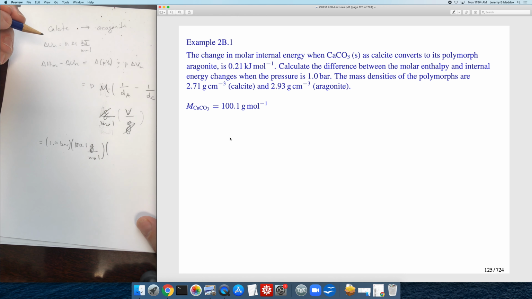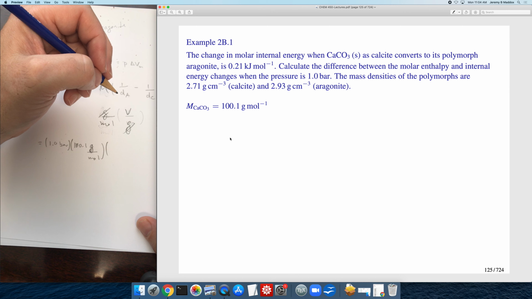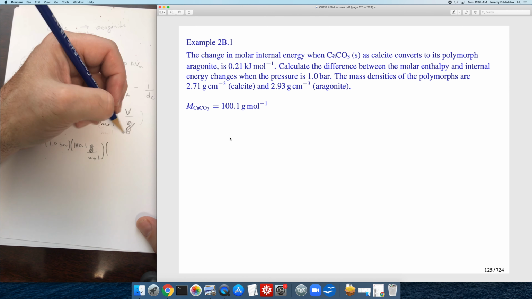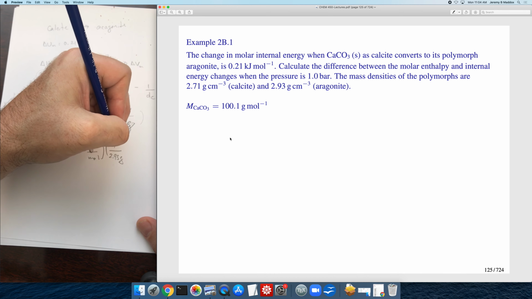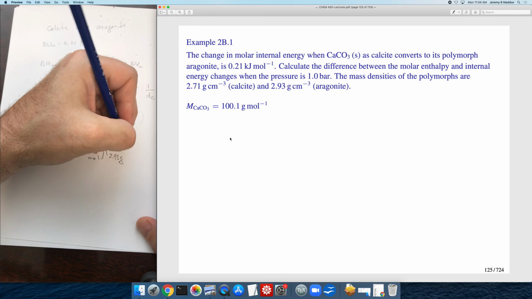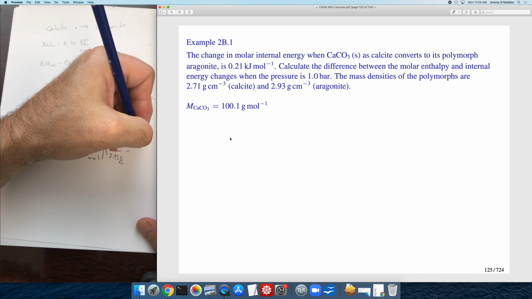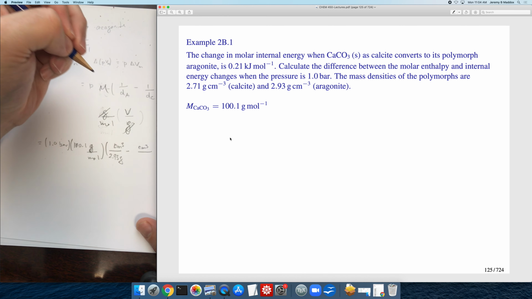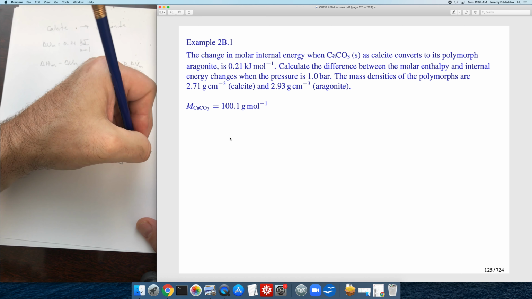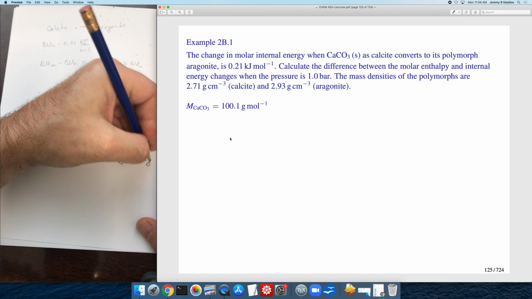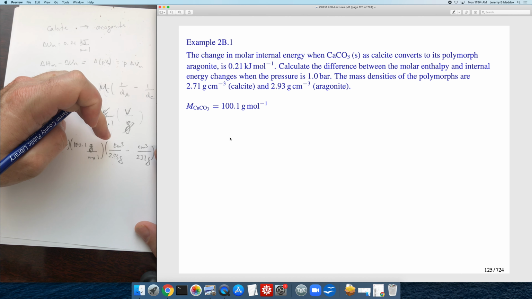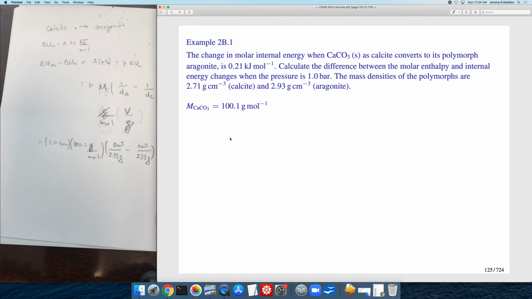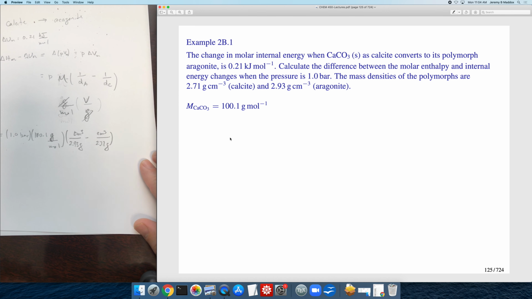And then for the densities, we want aragonite, so 1 over 2.93 grams per cubic centimeter, minus, for the calcite, 2.71 grams per cubic centimeter. And what I'd like to do is express the cubic centimeters in units of liters.